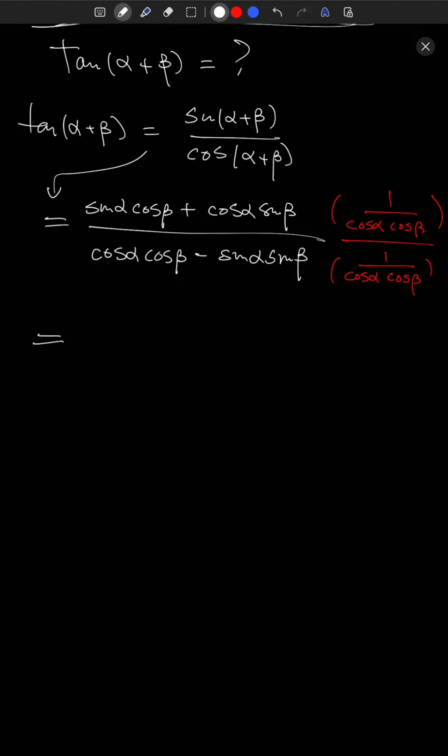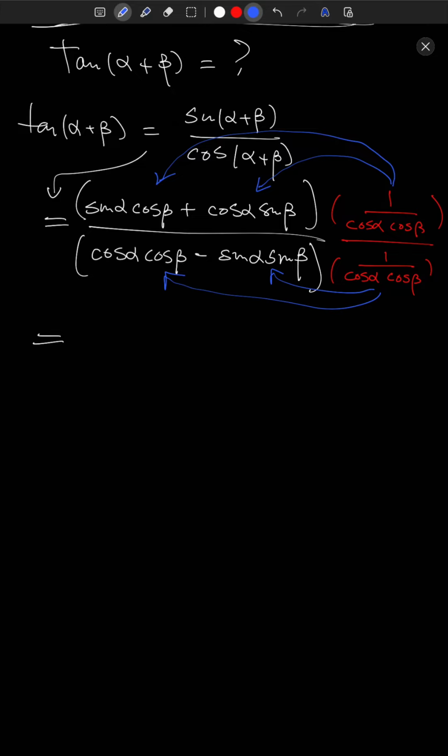So let me do this. Let me emphasize that I'm multiplying these two guys to the entire expression on the top, and the entire expression on the bottom, right? And so we need to actually distribute this 1 over cosine alpha cosine beta to both terms, right? And same thing on the bottom.